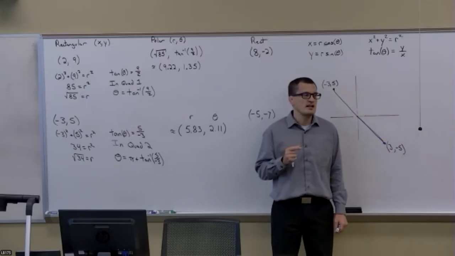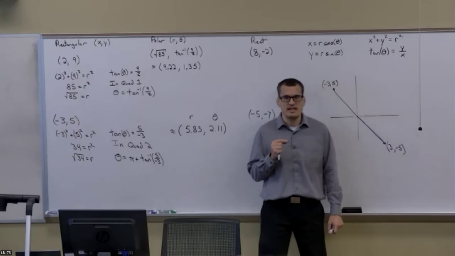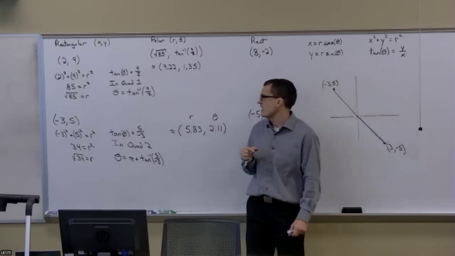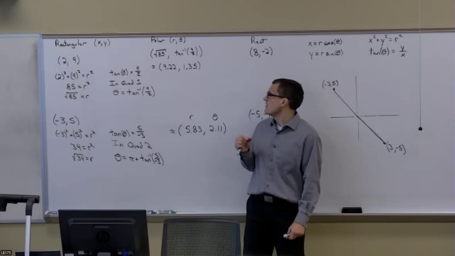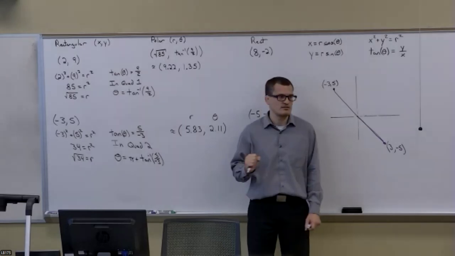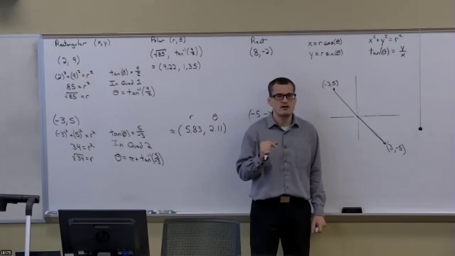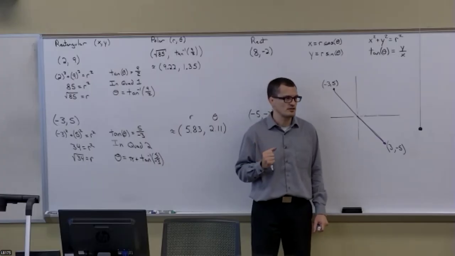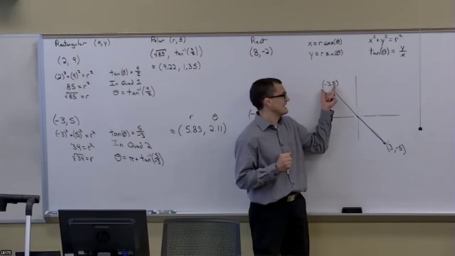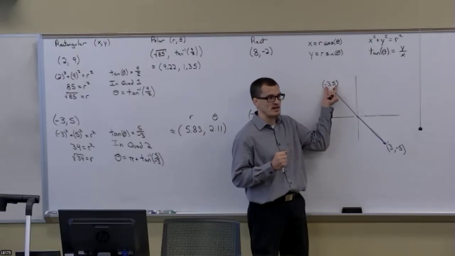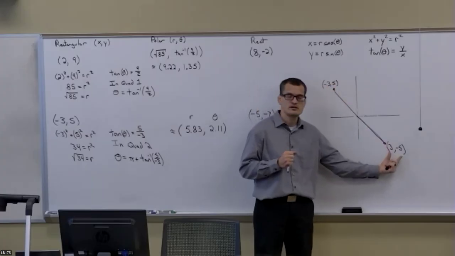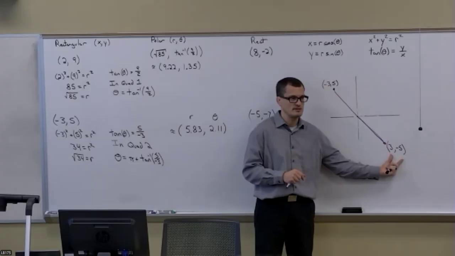When I tell my calculator to take inverse tangent of 5 over -3, it's going to calculate -5/3, which could have been obtained either by using this point, -3 comma 5, or by using this point, +3 comma -5, right?